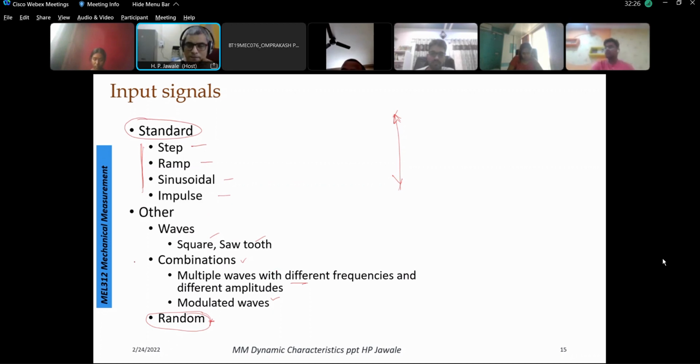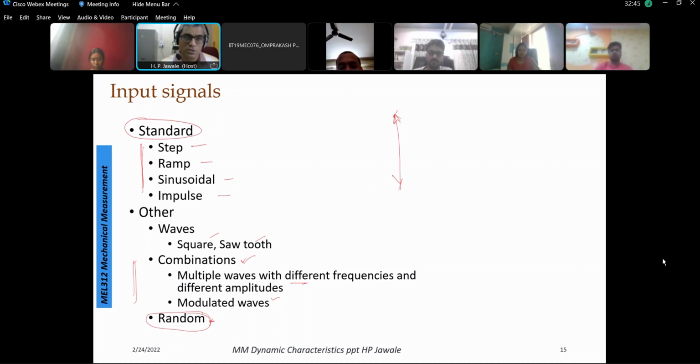But in the real-time situation, we will not be able to consider the combinations because it becomes more and more complex. Random is highly difficult. We cannot give the random signal to the system and get the dynamic characteristics anticipated for those random signals.